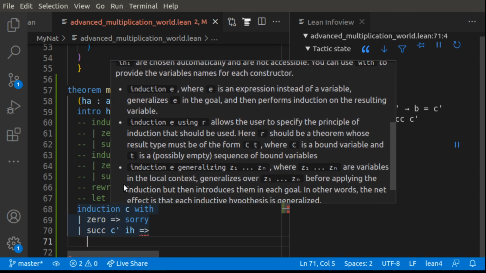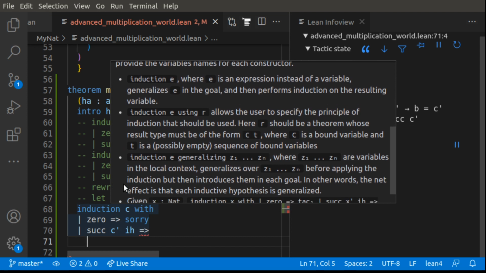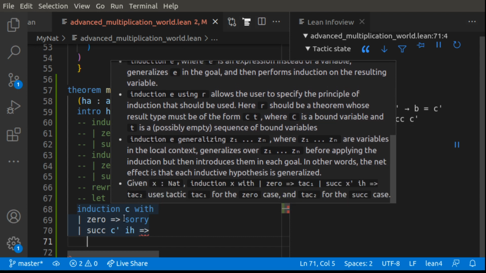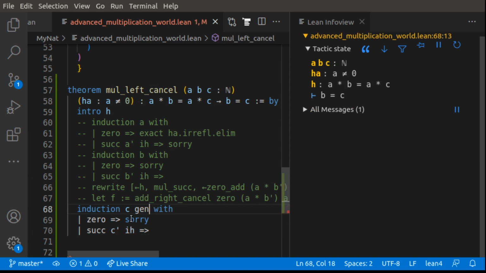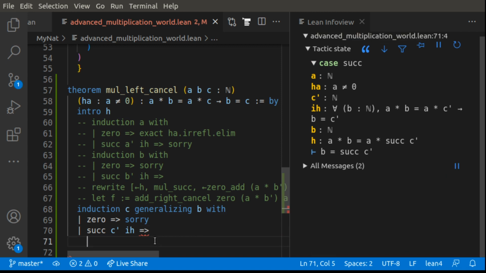Induction. Okay, I should be saying that I can do this. Generalizing B. I should need a general. Okay. Ooh, interesting. Now we have an interesting set of hypotheses. We do have an inductive hypothesis now. That's a little different.